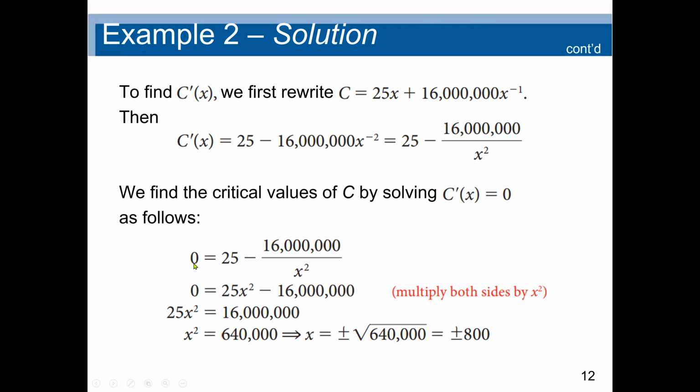Then from here, solving for the x value that we get, which will be the critical value, we get plus or minus 800. Here we are going to use only plus 800 because this is a measurement of space, in this case a rectangle. A measurement of space cannot be a negative value.